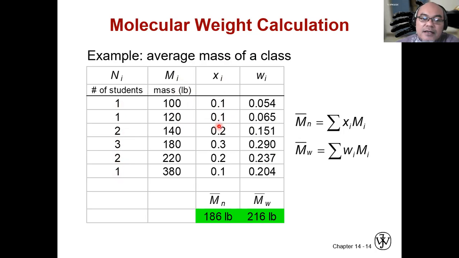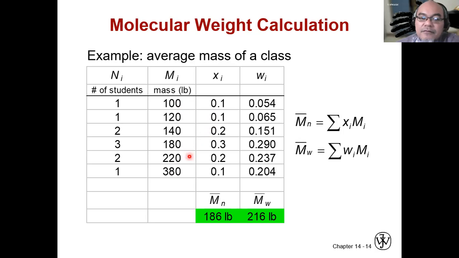The fraction of students that have 120 pounds of mass is also 0.1, etc. The weight fraction is indicated by this one. So what is the total weight, the total mass of the whole thing? From here, 100 plus 120, and then this weight fraction is this 100 divided by the total weight.